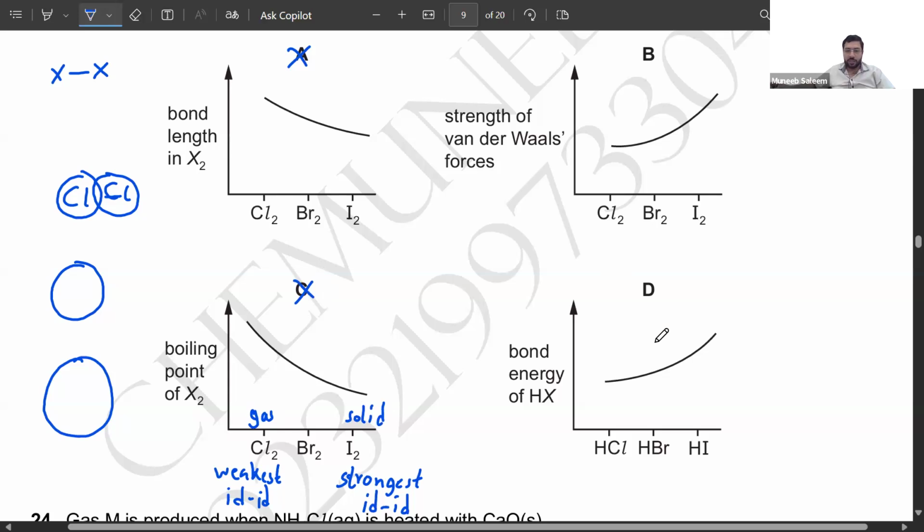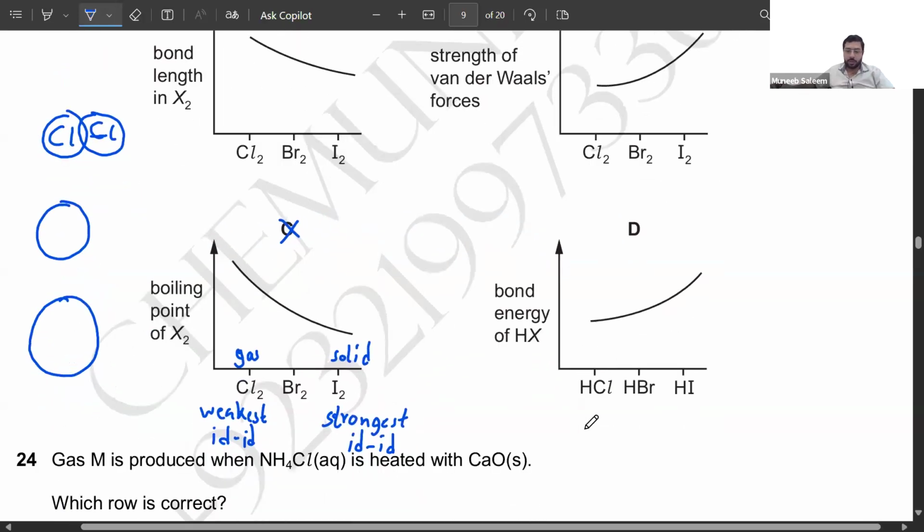Now, option D says bond energy of HX. Bond energy is basically associated with the extent of overlapping between the hydrogen atom and the halogen atom. So, if the size of the iodine is greatest, then it will have very small overlapping with the hydrogen atom, and there will be a large distance between them. So the greater the bond distance, the smaller the bond energy.